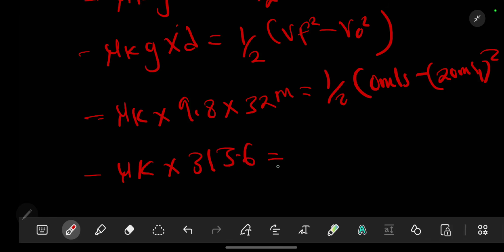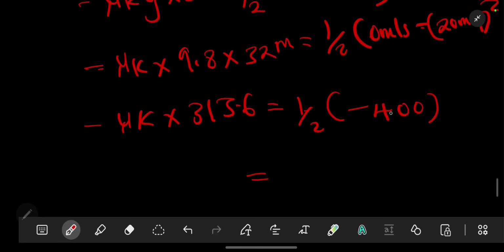313.6 should be equal to half times 20 to the power 2, which gives us 400. There's a negative outside, so we have negative 400. 0 minus 400 is just 400. Multiplying half by negative 400 is negative 200. Then we have mu k times 313.6.